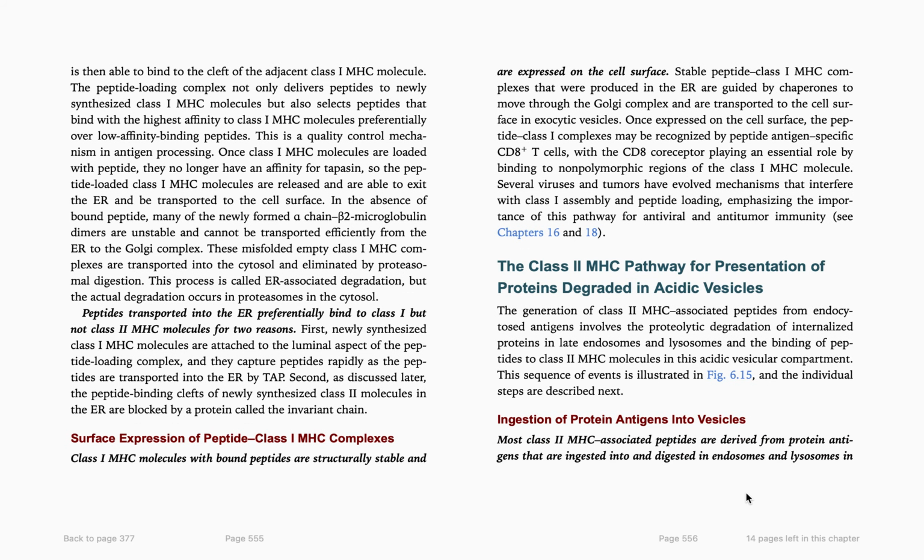The peptide is then able to bind the cleft of the adjacent class 1 MHC molecule. The peptide loading complex not only delivers peptides to newly synthesized class 1 MHC molecules, but also selects peptides that bind with highest affinity to class 1 MHC molecules, preferentially over low affinity binding peptides.